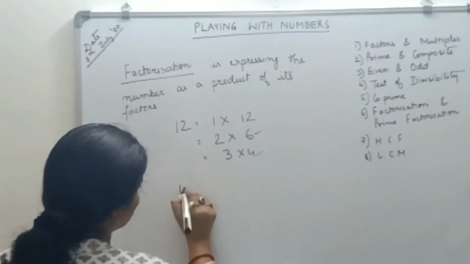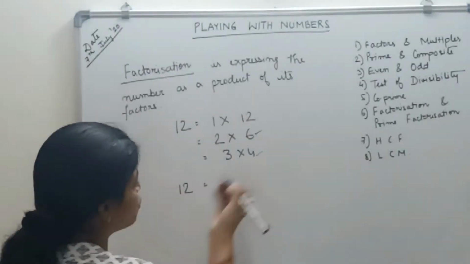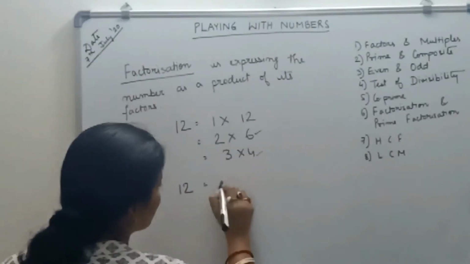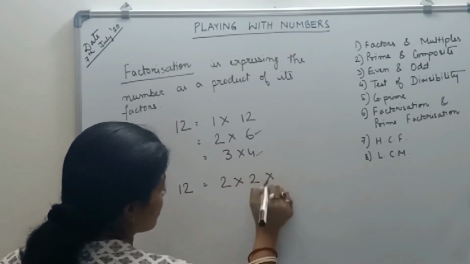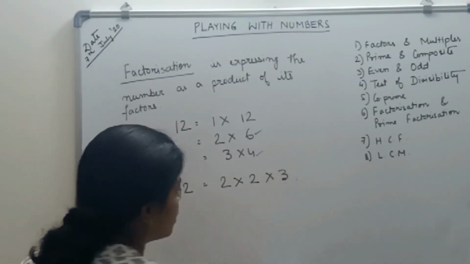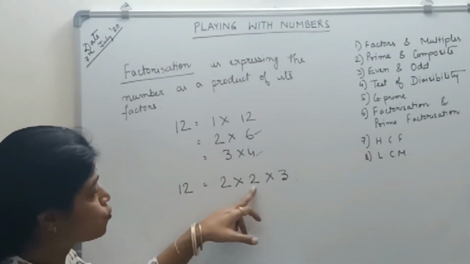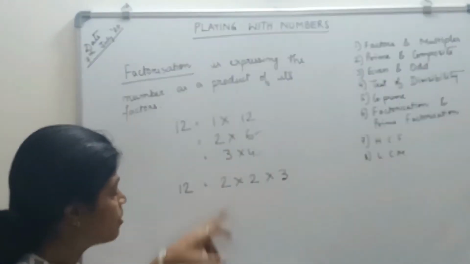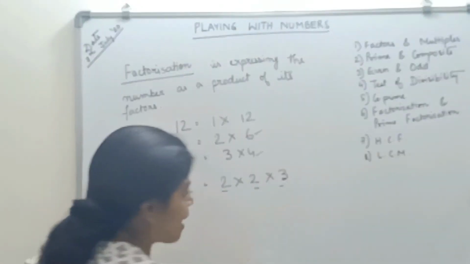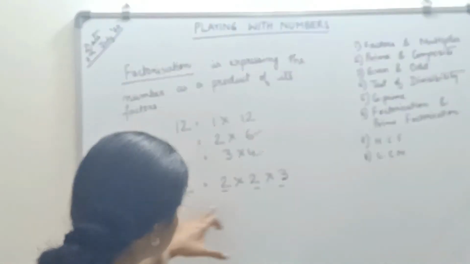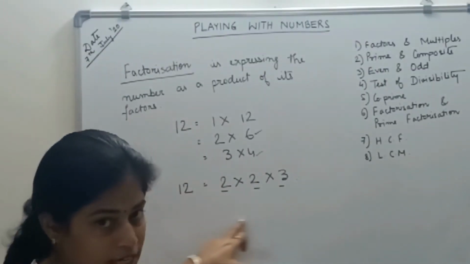So what is the prime factorization of 12? How can I do that? See, 4 I can write as 2 into 2, and 3 is 3 there. So this is prime factorization. 2 into 2, 4, 4 into 3 is 12. If all the factors are prime numbers, then this factorization is called prime factorization.